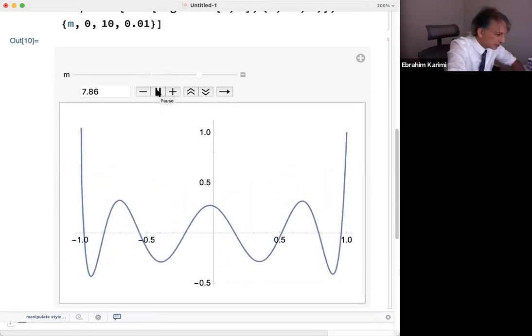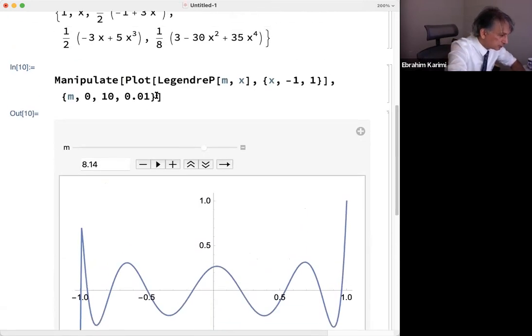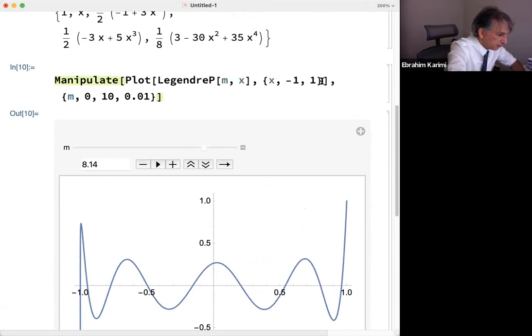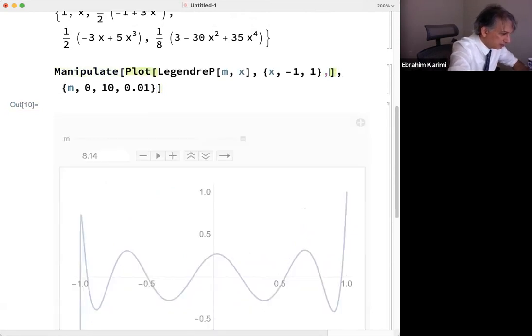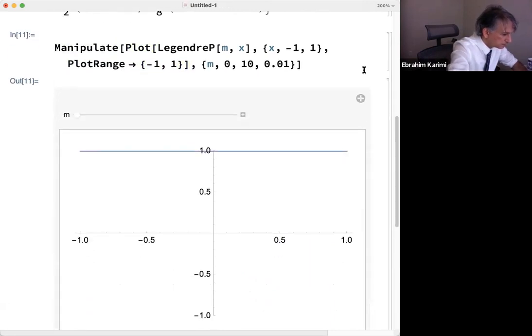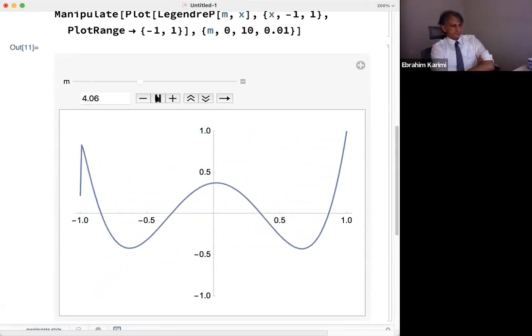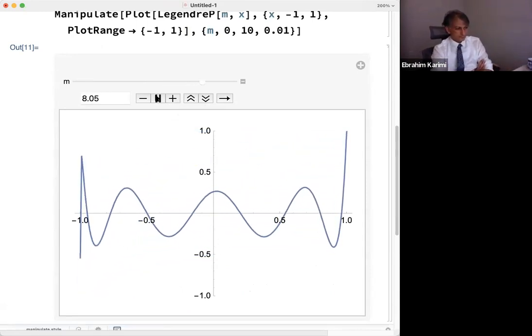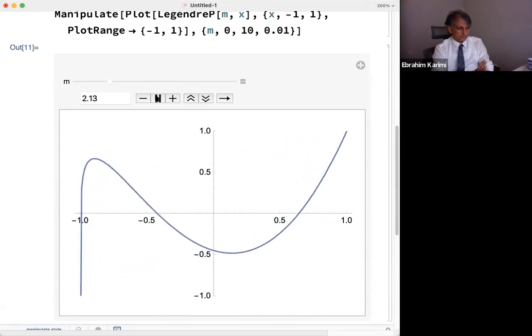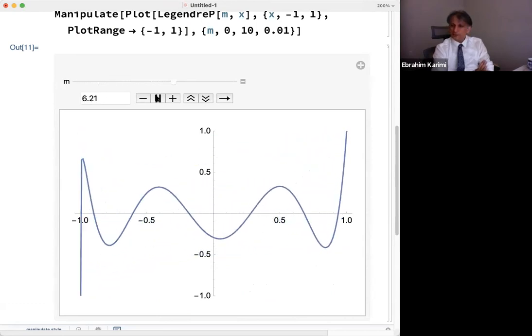Let's adjust the plot range, making it a little bit more, because I know that the plot range should be bounded by -1 and 1. Otherwise you don't see the movement. Okay. Do you see? It's so funny.